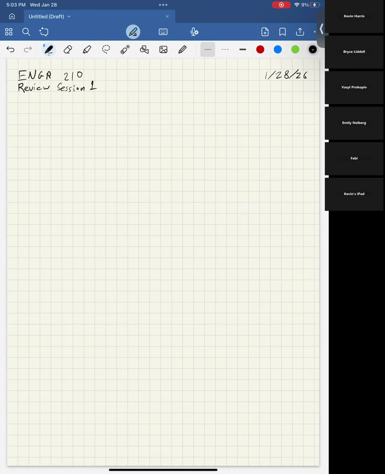But yeah, I have a couple topics. I'll just write them down. I'm just going to go over Ohm's law, basic circuits, then sources, like voltage and current sources, then resistors and parallel and series, then KVL, KCL. And have you guys learned source transforms yet?